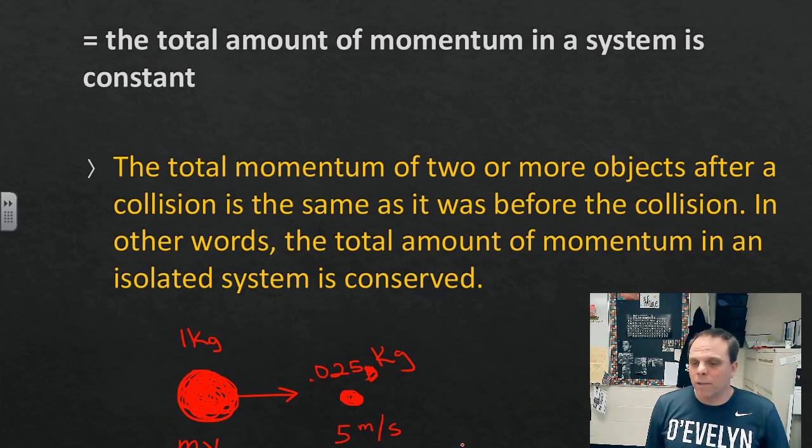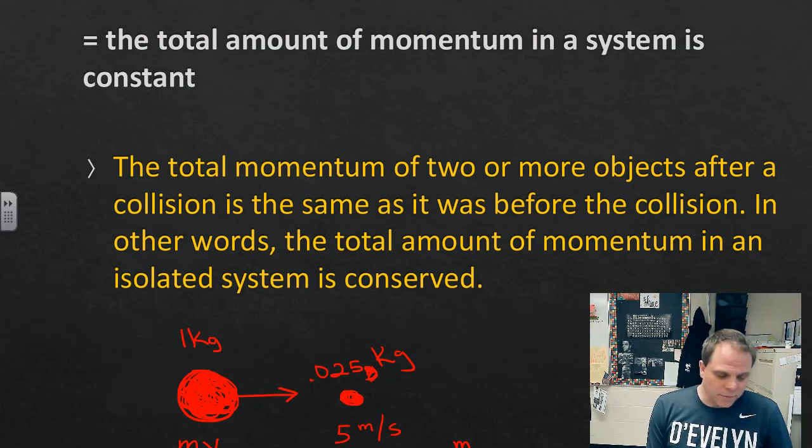That's in kilogram meters per second. And then over here, I had 1 times 1, so we were at 1 kilogram meter per second, which means that if you just subtract those two, you're going to end up having 0.875.